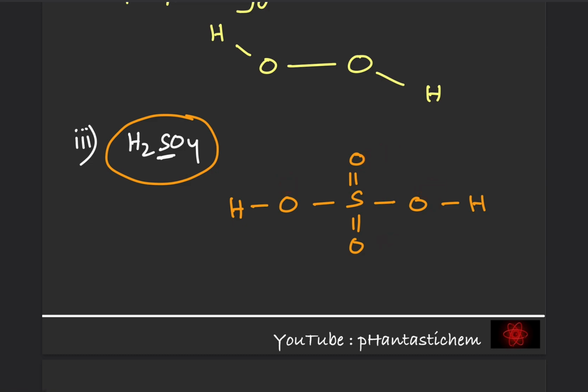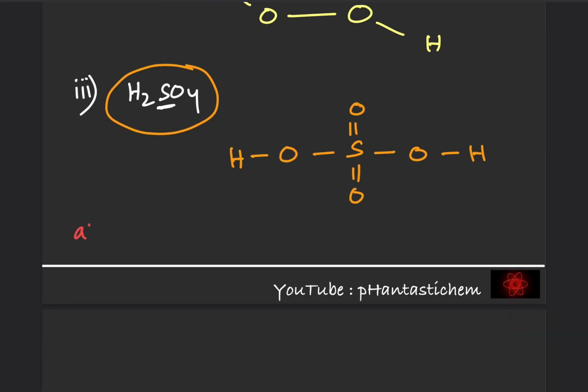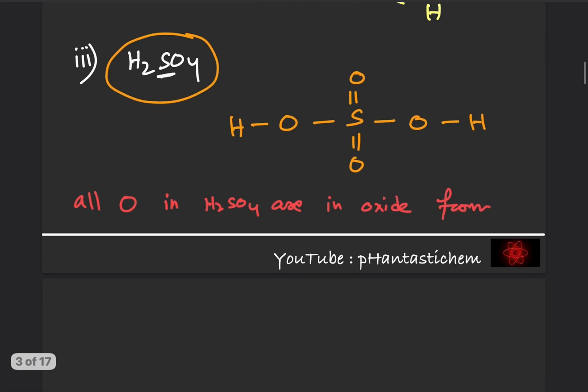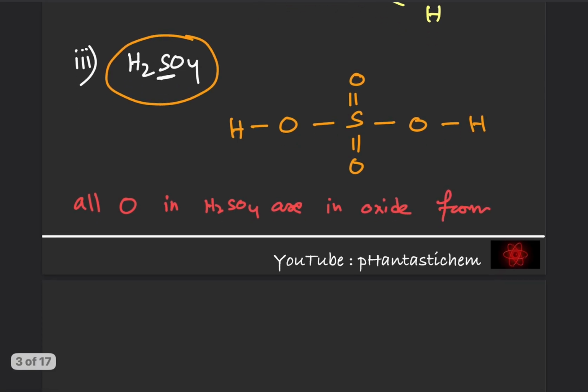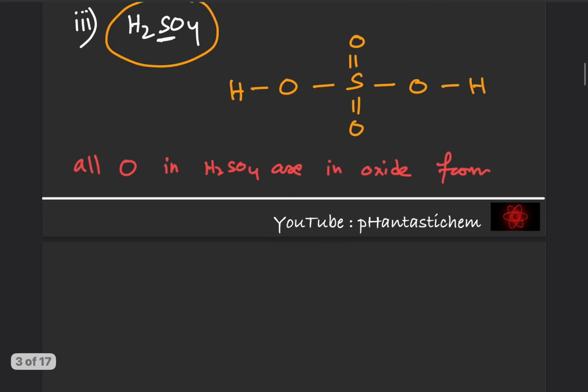So all the oxygen in H2SO4 are in oxide form. Now when I say oxide form, I mean single O atom with oxidation state of -2.